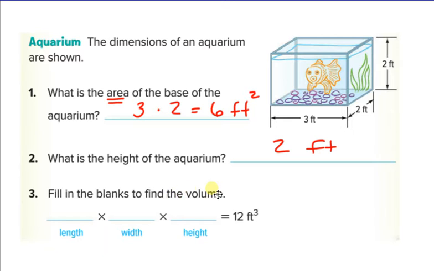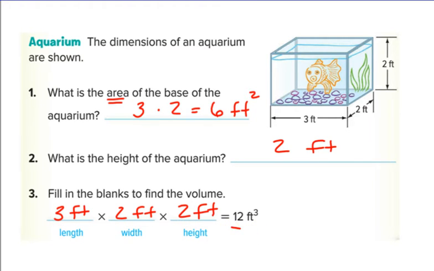Fill in the blanks to find the volume. So the volume is going to be the length, 3 feet, times the width, that's how far back it goes, 2 feet, times the height, which is 2 feet. Now, what is 3 times 2? 6, times another 2 is 12.